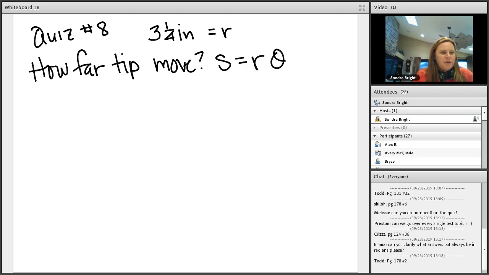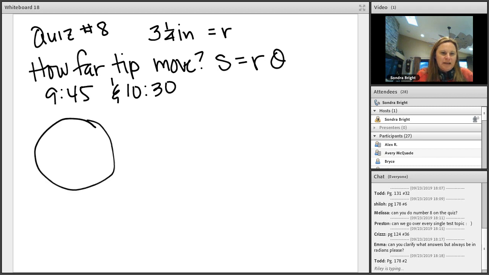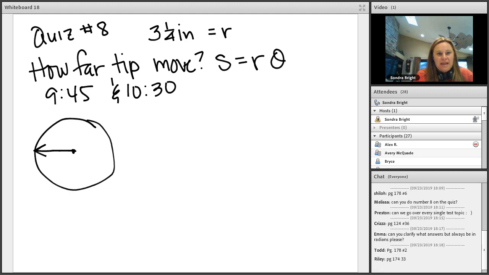And between 9:45 and 10:30. All right, so at 9:45, your minute hand is pointing directly at the 9. And then at 10:30, the hour hand is moving too, but the minute hand would be pointing down at the 6.